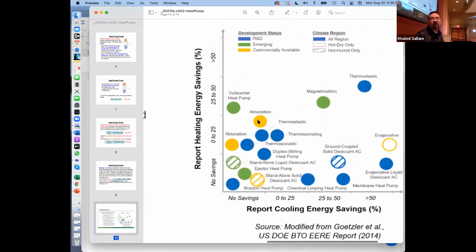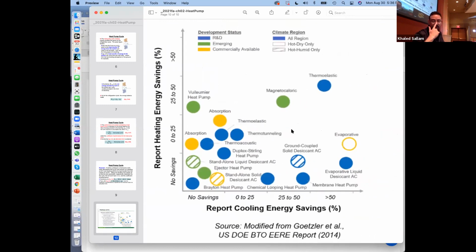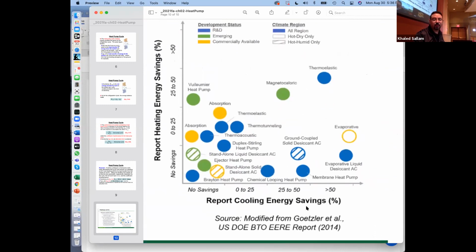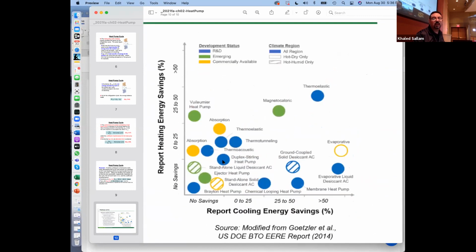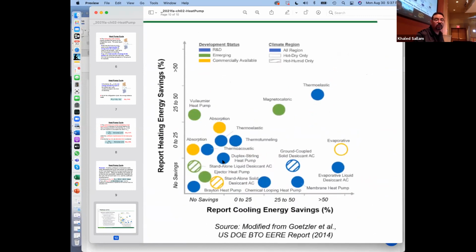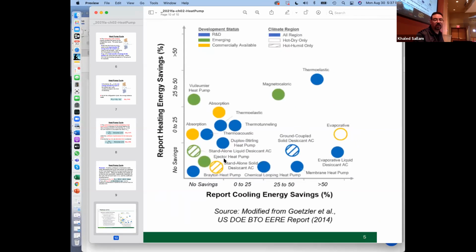You can see there is a lot of research being done on improving the refrigeration cycle, for heat energy saving and cool energy saving, compared with the traditional vapor compression cycle.